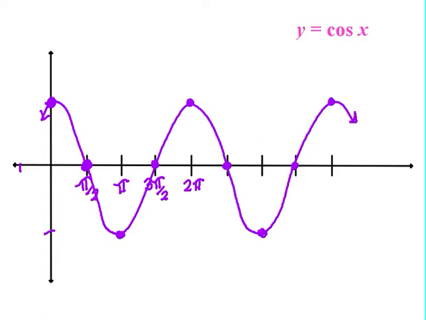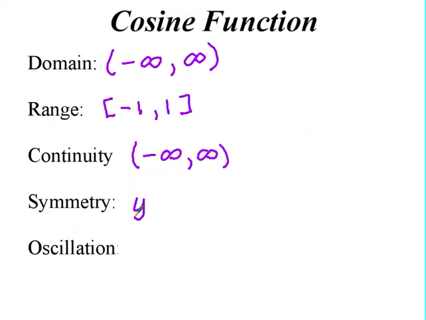So this one actually does have y-axis symmetry. What can you tell me about the oscillation? -1 to +1. So once again, on that blue sheet, you shouldn't get anything bigger than 1 or anything less than -1, and that's really important to file away. Sine and cosine are never bigger than 1 and never less than -1.